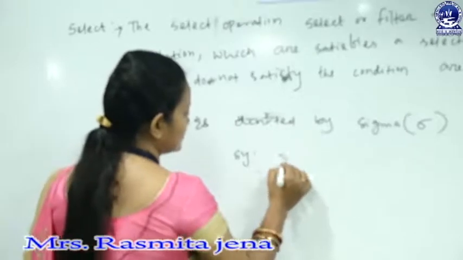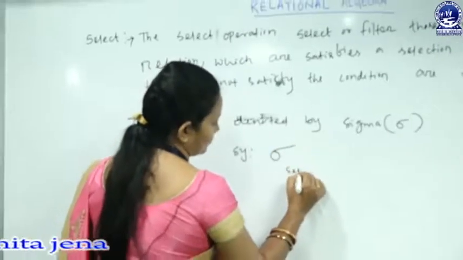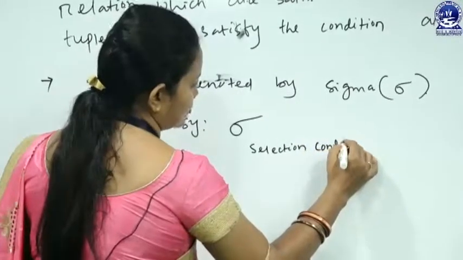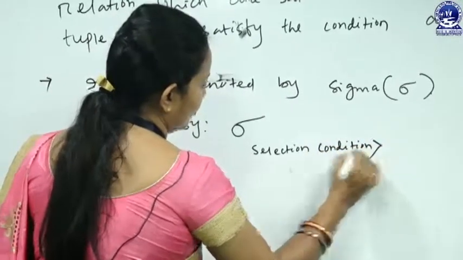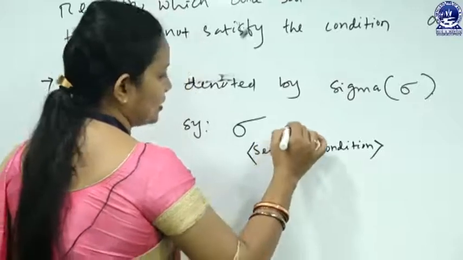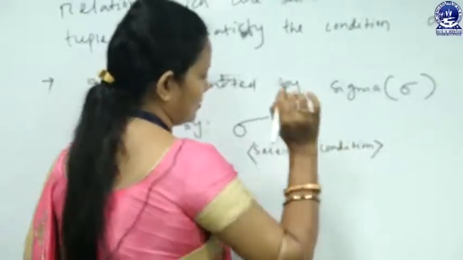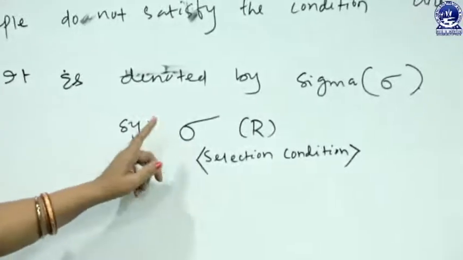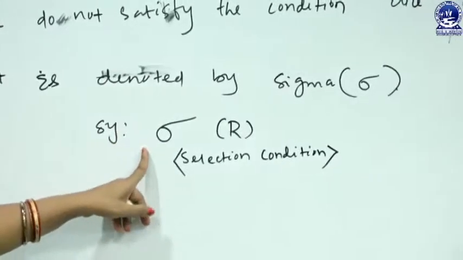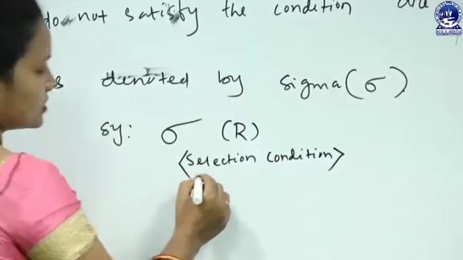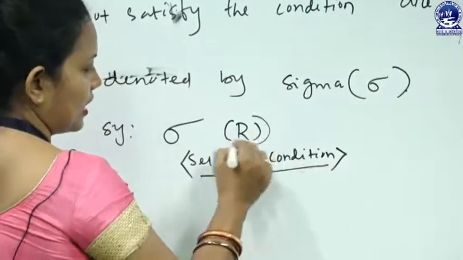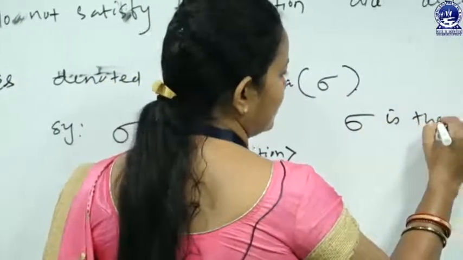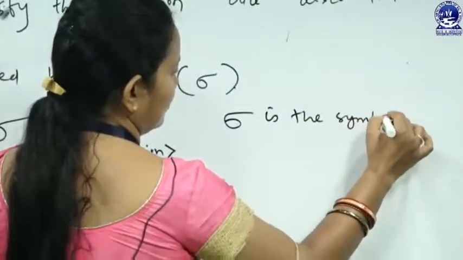The syntax is sigma, the selection condition, or this is the filtering condition, and this is R. Okay. Sigma is the symbol used to represent the select operation, and this one is the select condition, and R is the relation.